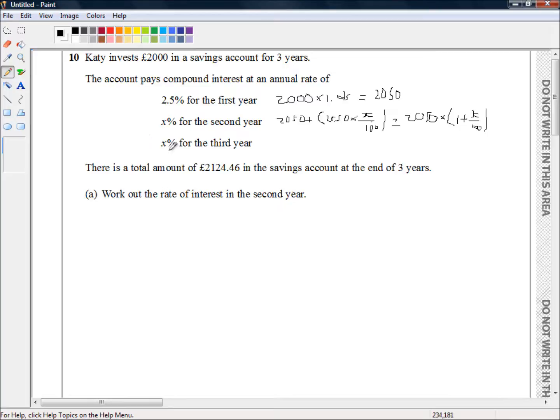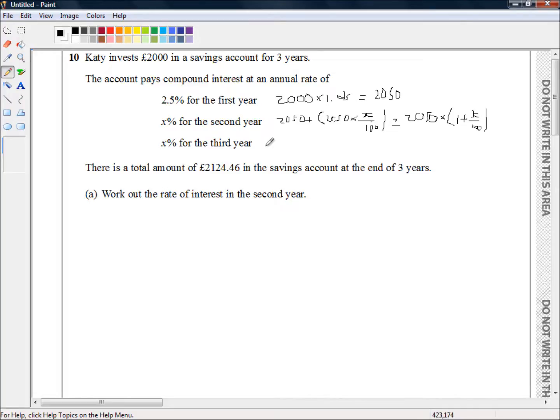Okay, and then in the third year, she's earned another X% interest. So she's got all of this plus all of this times X over 100, which again simplifies to all of this times 1 plus X over 100, which is the same as this times this squared.